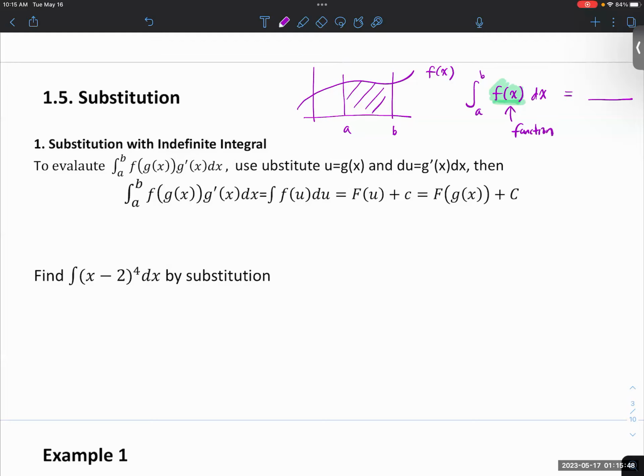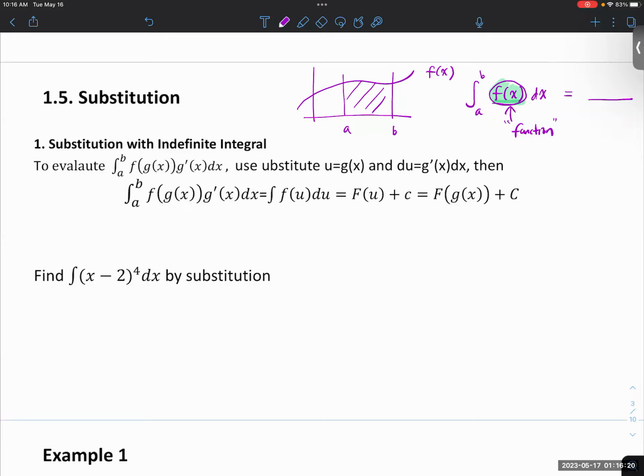So when I look at this f function, this is the function, correct? How many functions do you know? Since pre-calculus and calculus 1, you've been dealing with so many different types of functions, such as a linear function, quadratic function, polynomial function, rational function, trigonometric function, or composite function, right? You never know what kind of function you are going to deal with to take the integral, correct?